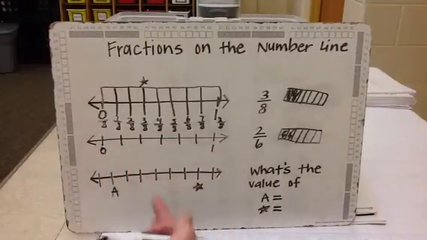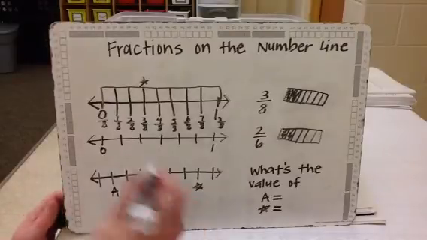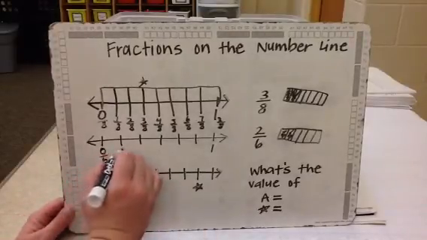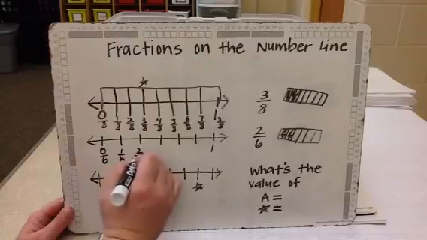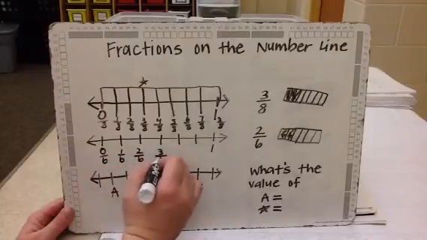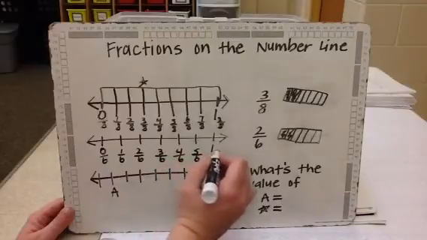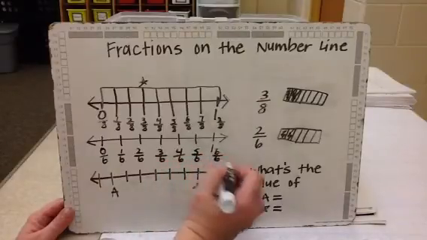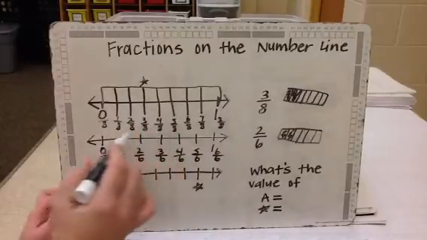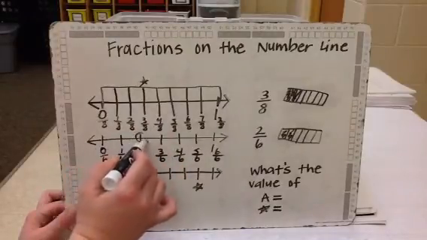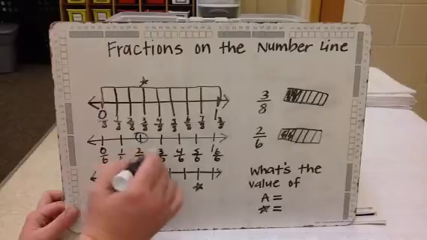Now I'm going to label all of my sixths to then help me find my 2/6. So I have 0/6, 1/6, 2/6, 3/6, 4/6, 5/6, and one whole is all 6 of the sixths. So now I'm going to show that I know where this 2/6 is, right there.